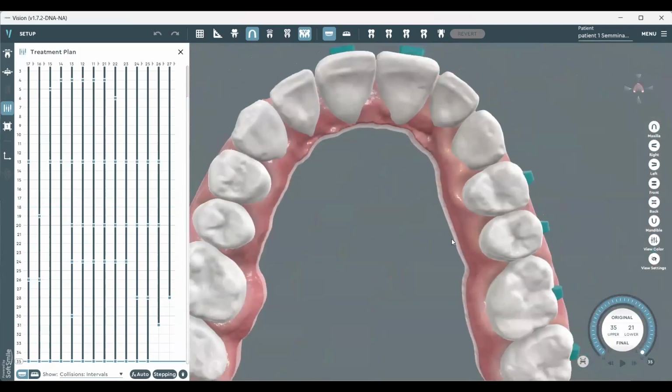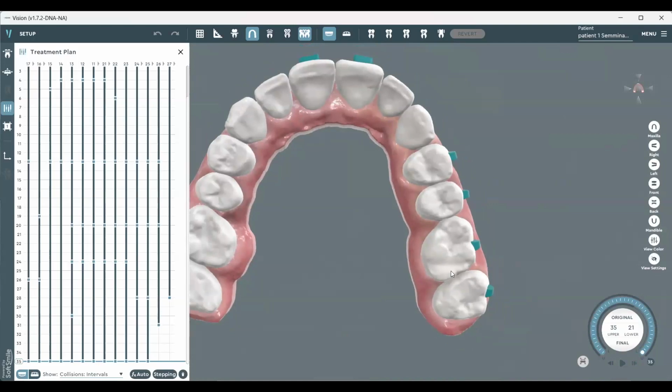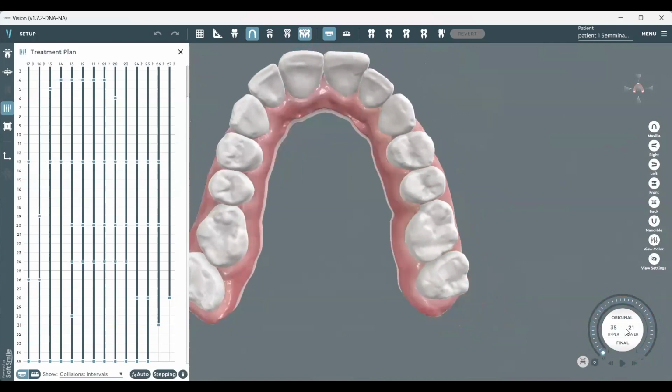Now we can see this side, which has a different protocol, because in this side, I'm going to make not just the rotation of 6, but also distalization. And when we have this type of situation where the distalization is too big, I like to divide the movement, not make it all at once.